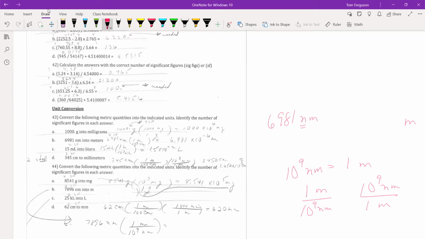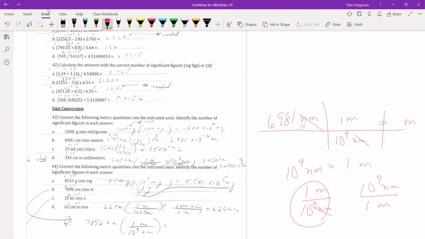Okay. So now we're going to use this one here because we want the nanometers to cancel, because we always want the given to cancel. So that means it's going to be 1 meter over 10 to the 9th nanometers. Okay, so the nanometers cancel, gives us meters. That's what we're going to calculate.